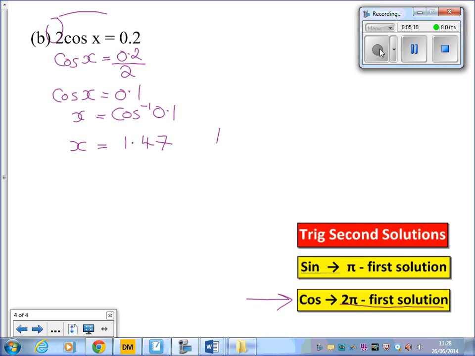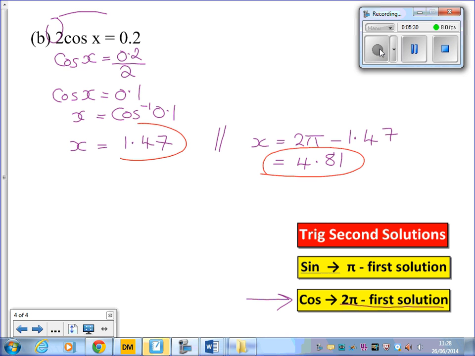So my second solution will be x is 2 pi take away 1.47, giving me an answer of 4.81. So my two solutions are here and here.